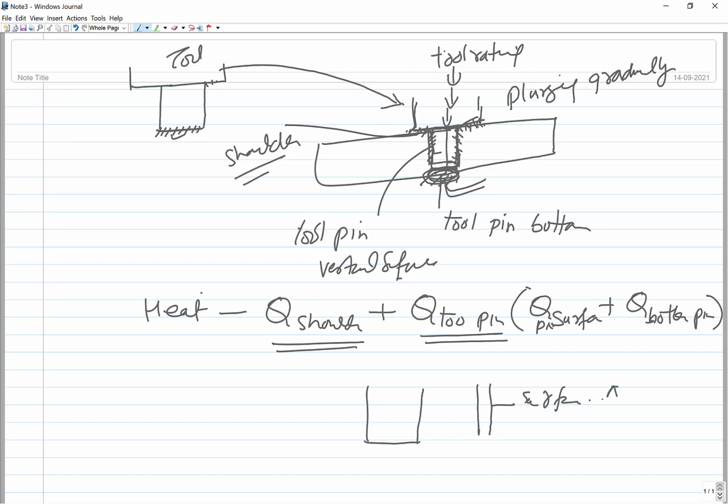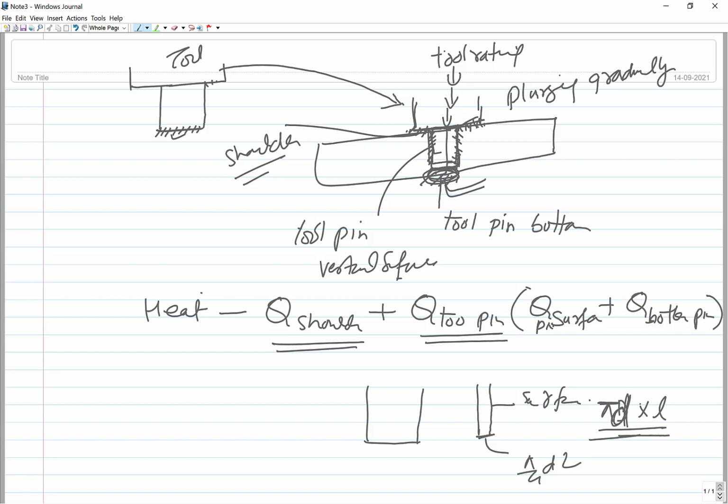You can say pi by 4 d square into L gives you the complete volume, and if we are interested in just the surface area, we can write pi d into L. On the other hand, the bottom surface area of the pin will be pi by 4 d square, where small d is used because we are talking about the tool pin.